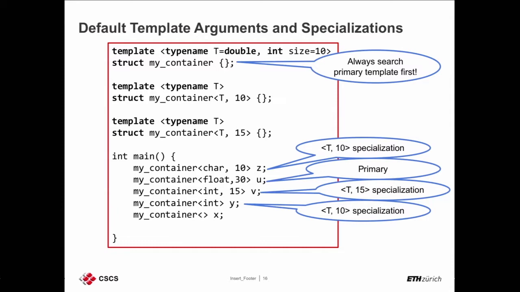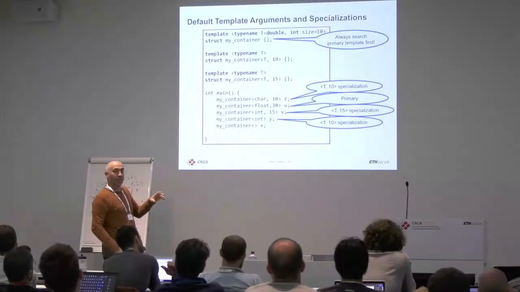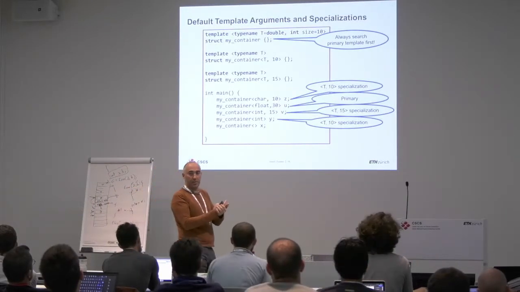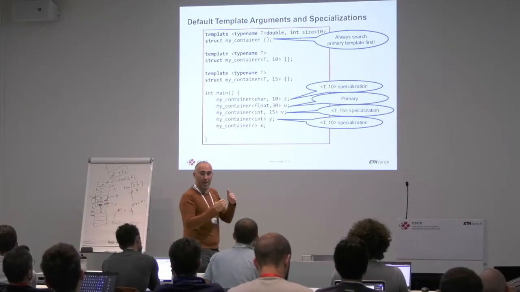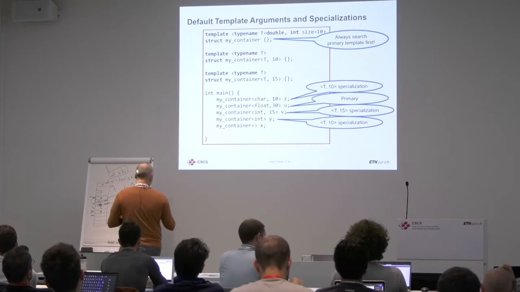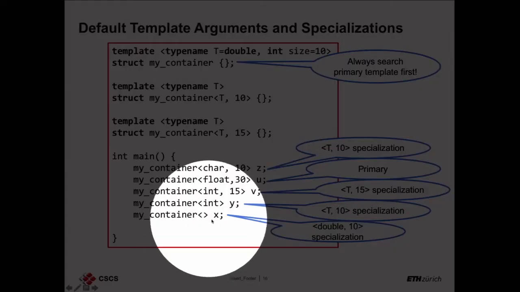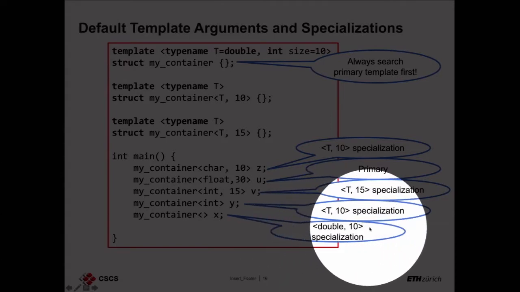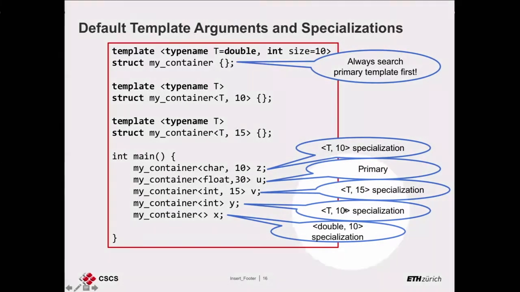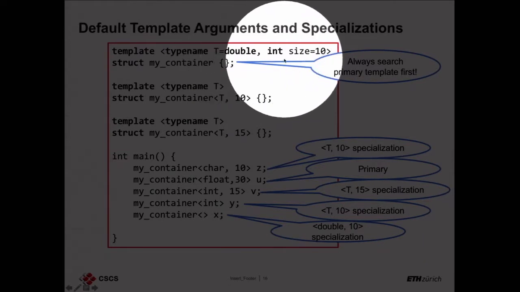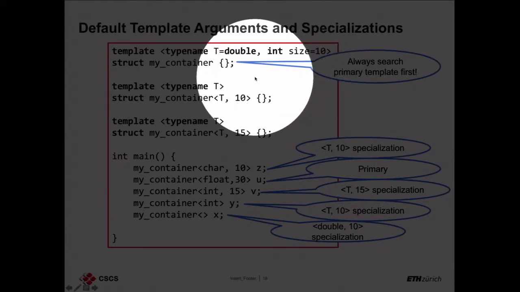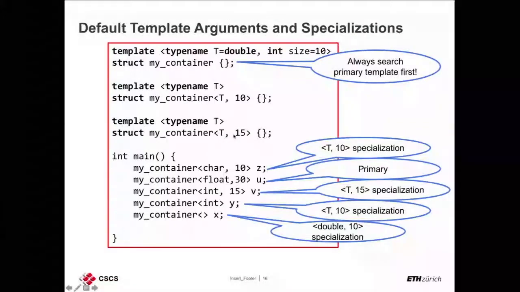It just substitutes the size 10 because it's the default argument. And after it has substituted, it looks for the best match in the specialization order. Same thing here. My container with no arguments will instantiate a double 10 specialization because it will put the first T to double and the size to 10. And after it does that, it searches for the best matching implementation.